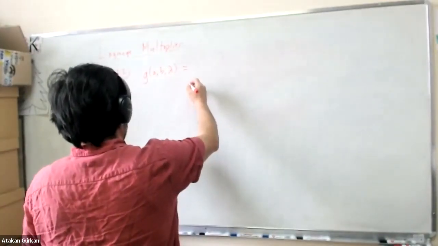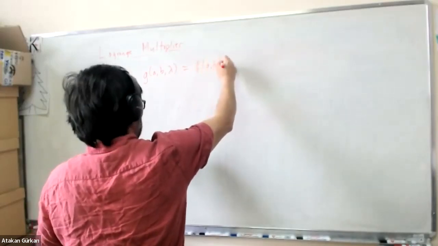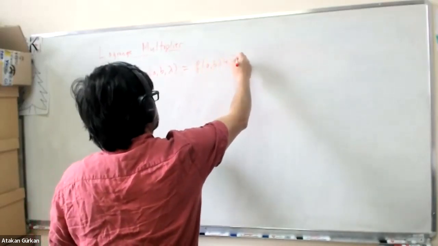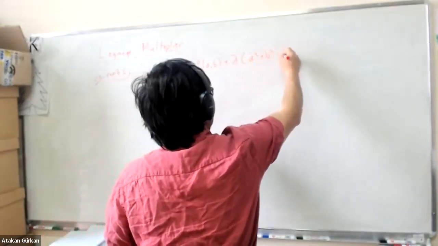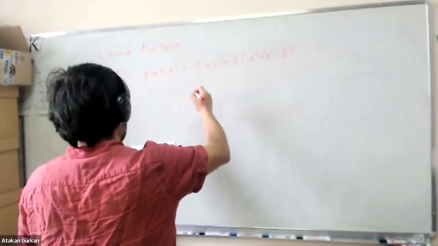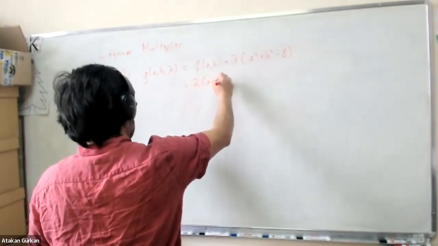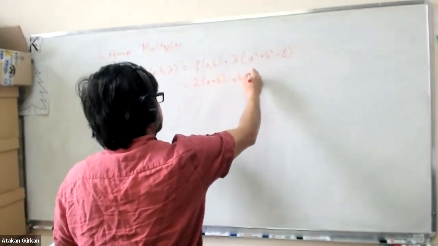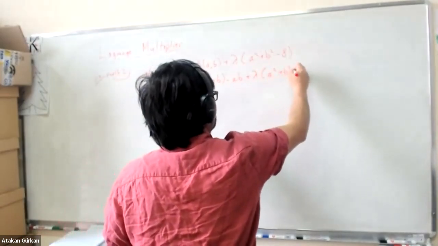So this is going to be f(a, b) plus lambda, and our constraint a squared plus b squared minus 8. If you rewrite this, what was my f? 2a plus b minus ab plus lambda times (a squared plus b squared minus 8).